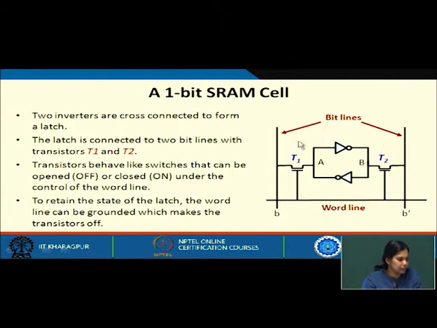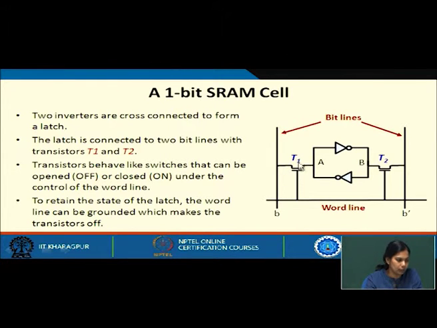So, this particular latch is connected to the 2 bit lines. If you recall our discussion, each cell is connected to 2 bit lines B and B bar. In the same way, this is a single cell which is connected to the 2 bit lines B and B bar through these transistors T1 and T2, and these transistors behave like switches.